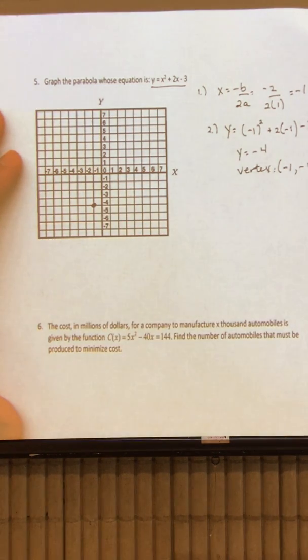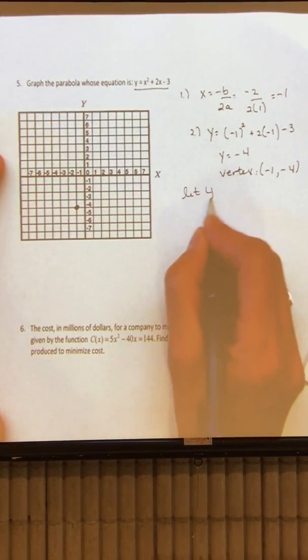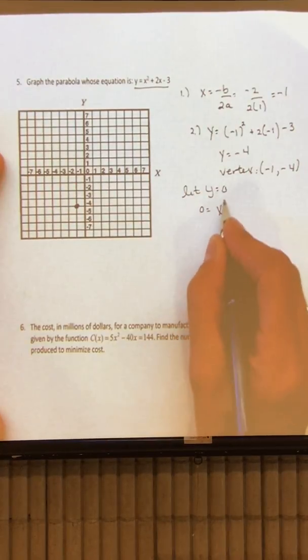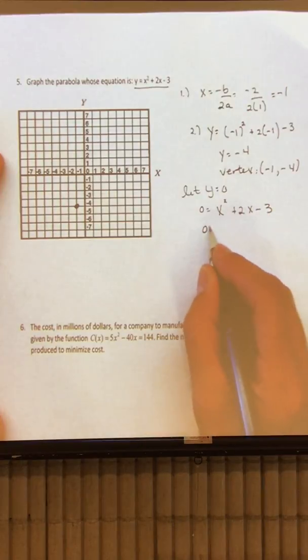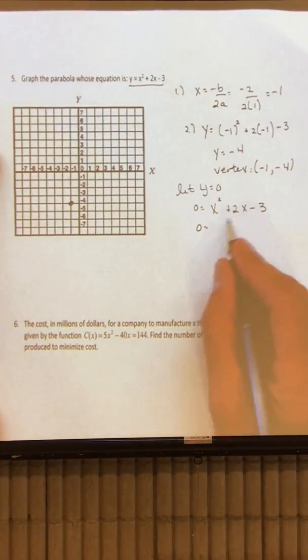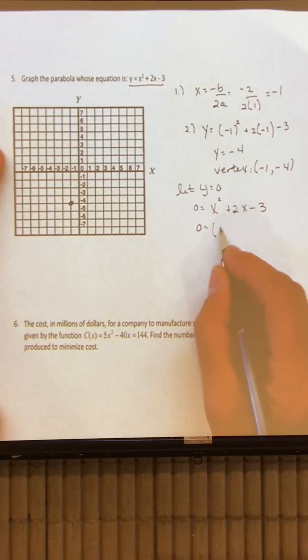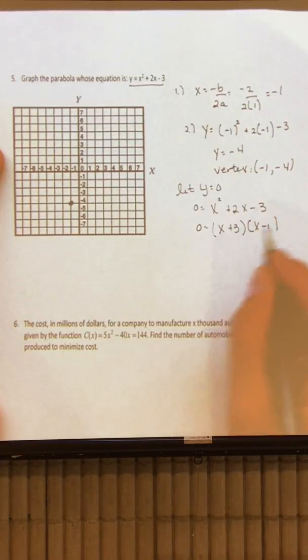Now to find our x-intercepts, you let y equal 0, and we solve for x. X squared plus 2x minus 3, factoring. This equation, which two numbers multiplied equal negative 3 and added equal 2. You have x plus 3 times x minus 1.